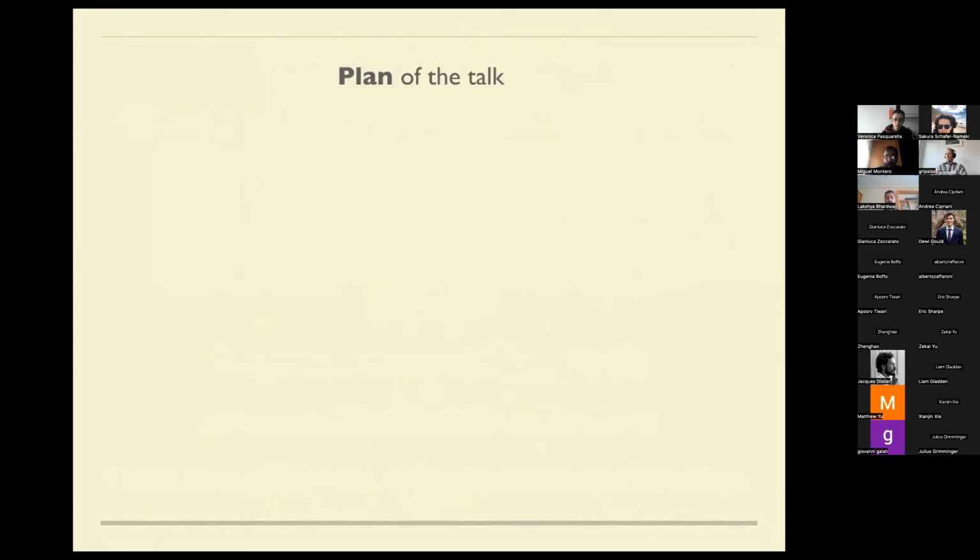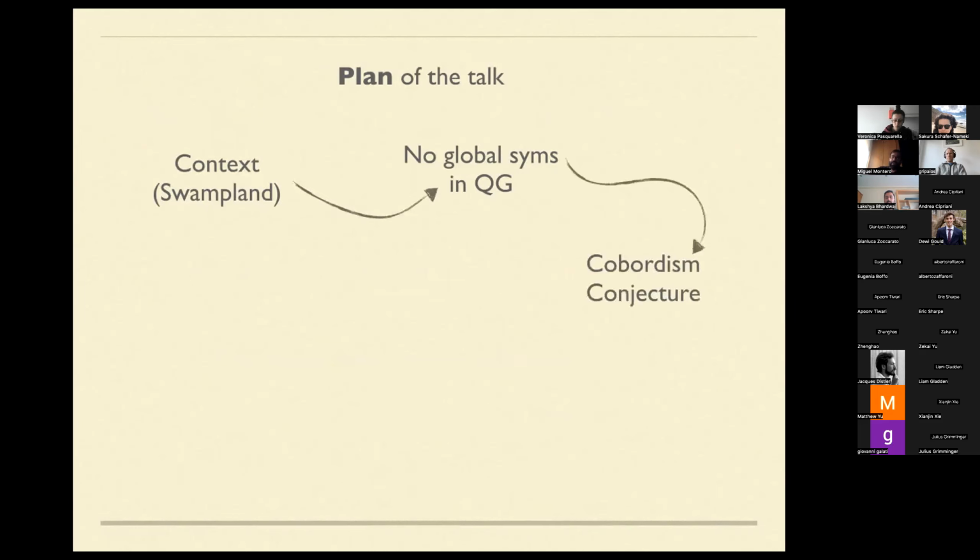In fact, this idea of using breaking of symmetries in quantum gravity to learn about the theory itself is part of a bigger picture, which is called the Swampland program. So I'm going to give you a one-slide introduction to what the Swampland is and the reason why we believe that absence of symmetries can be useful, which is the idea that there are no global symmetries in quantum gravity.